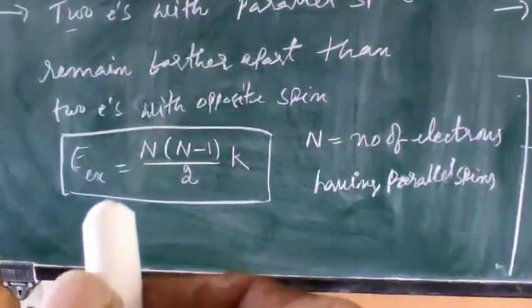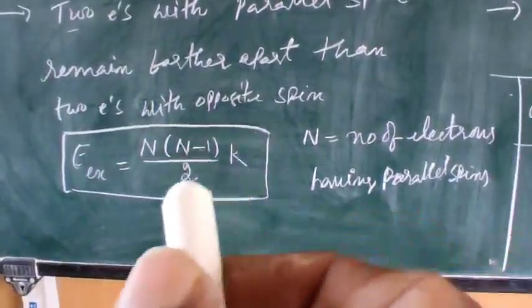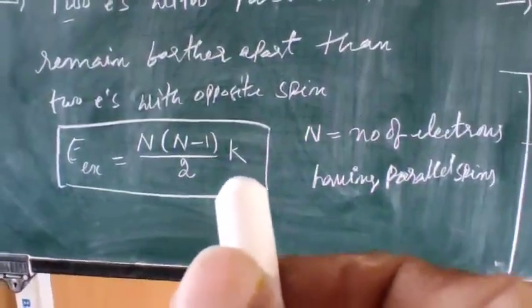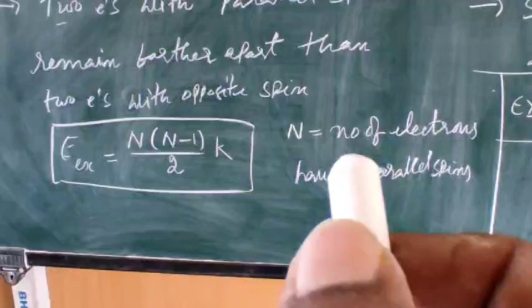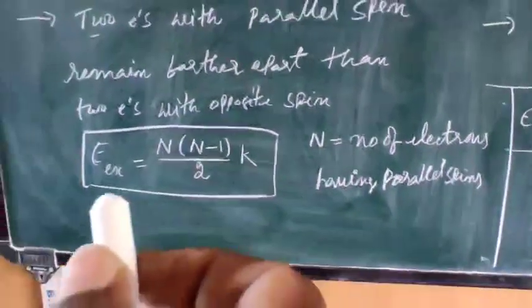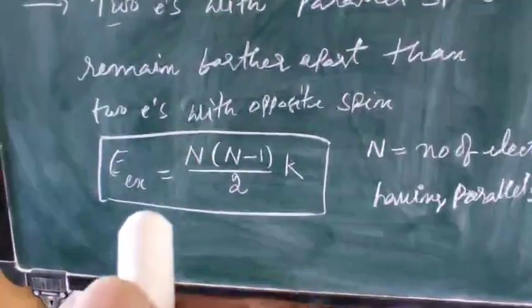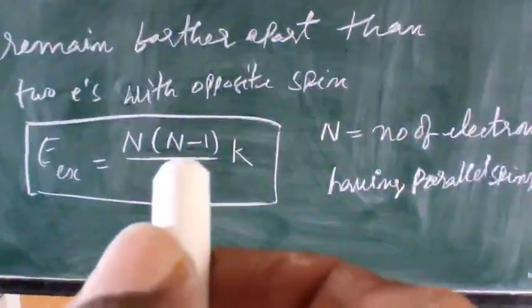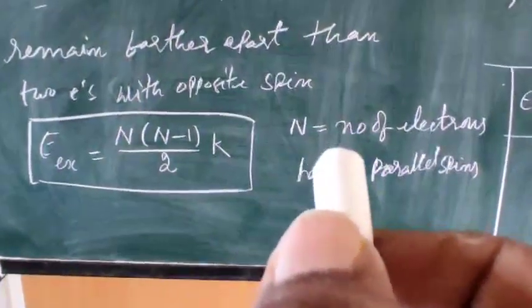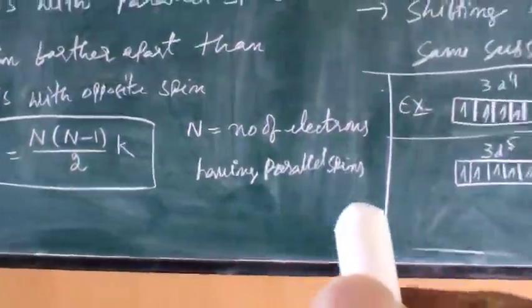Exchange energy is equal to n(n-1)/2 k. K means the unit here. Here n is equal to the number of electrons having parallel spins.